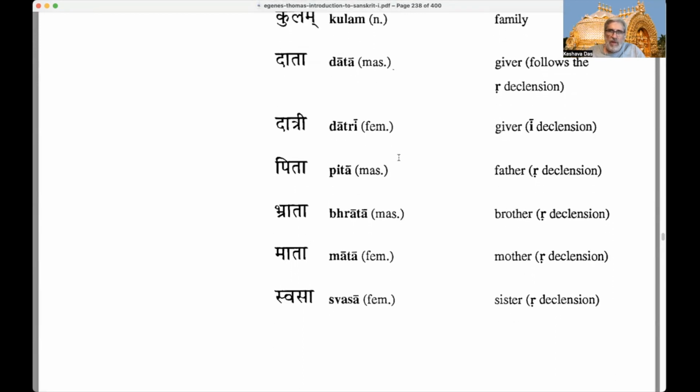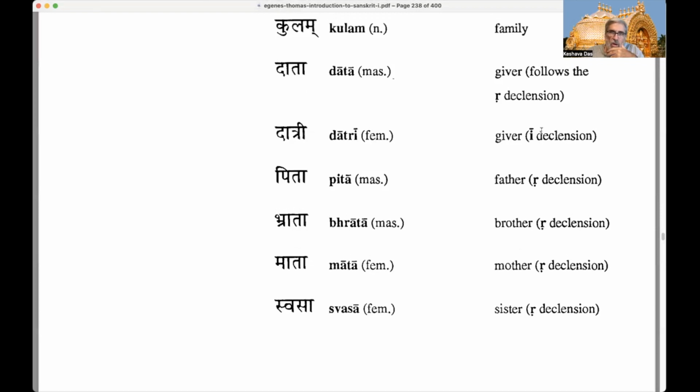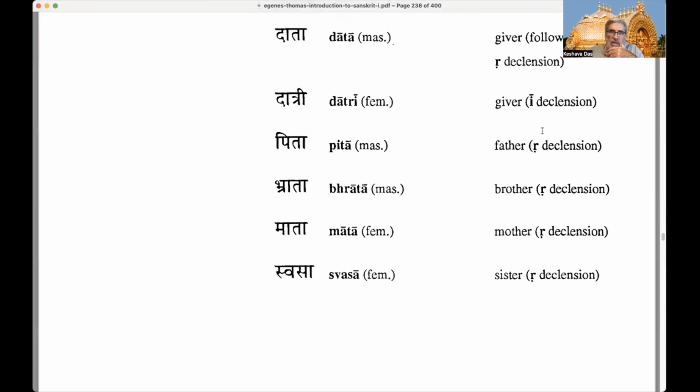Then we have two types of givers: a masculine giver and a feminine giver. If we wanted to say giver in the feminine, it would be a long i ending noun, declined like gopi, like the other example up here, kartri. Feminine giver.